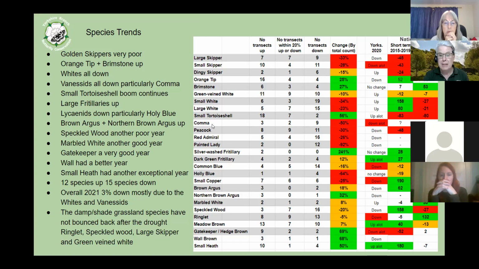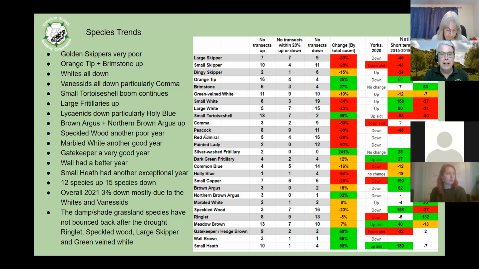Comma now has had two really bad years, and it seems to be still on the way down. Peacock this year was poor, as was red admiral, and all these are having consecutive bad years. Again, we're not having those southerlies. The populations of all these species tend to be supplemented by migrants coming in from the continent.